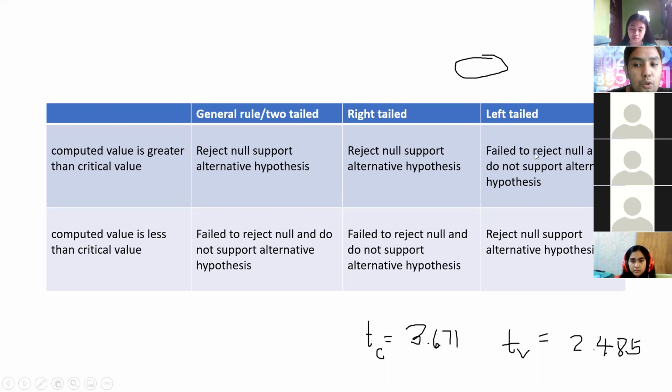Pag sinabi mo kasing do not reject, ibig sabihin nun ay maaring absolute yon. For the meantime, kasi depende sa sitwasyon kung gaano kaliit o kalaki ang sample.